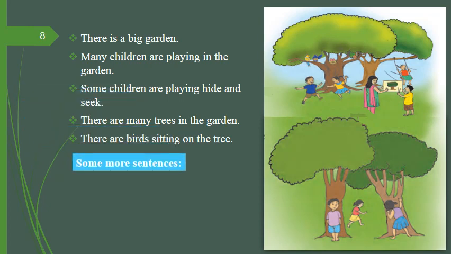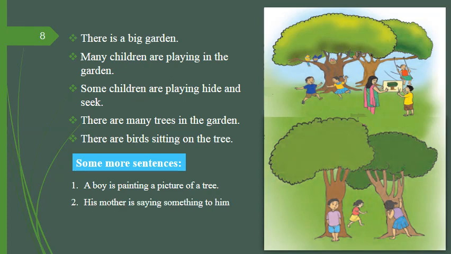Now, see some more sentences from this picture. A boy is painting a picture of a tree and his mother is saying something to him. Again, here is one girl.